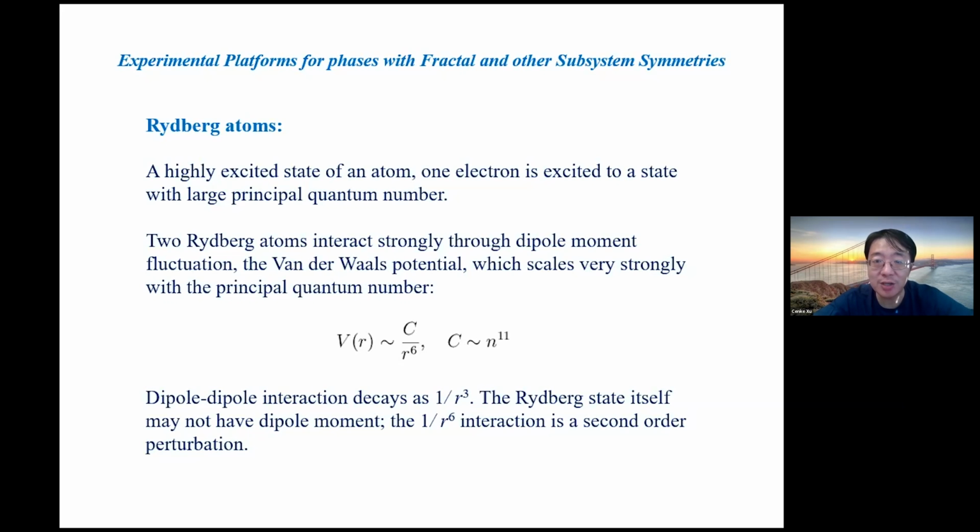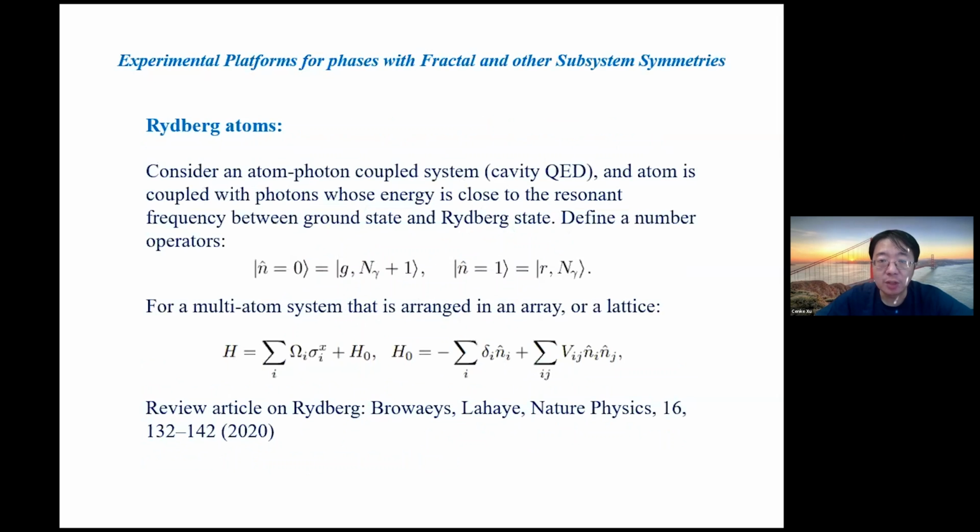And second, the interaction can be quite local because it decays very fast over distance. This is part of the reason why Rydberg atoms have attracted a lot of attention in recent years to simulate condensed matter strongly correlated local Hamiltonians.